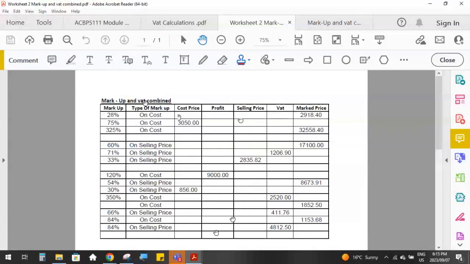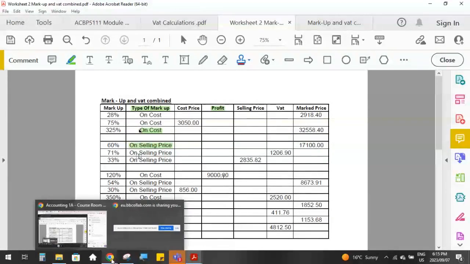And then I'll give you the calculations for each of those as well. Because this one here, we are working out the VAT calculation, and we are also working out the markup. Some of them are markup on cost and some of them are markup on selling price in order to work out how much the profit or the selling price is. These ones the students always find tricky, so I'll do a separate recording for you for this worksheet over here.